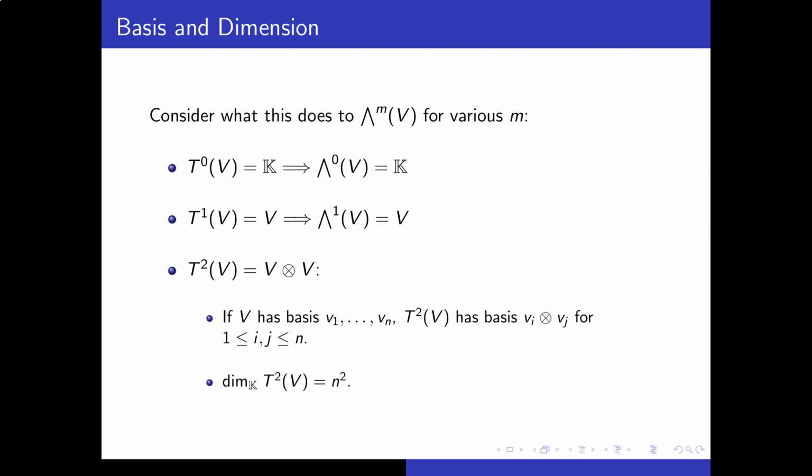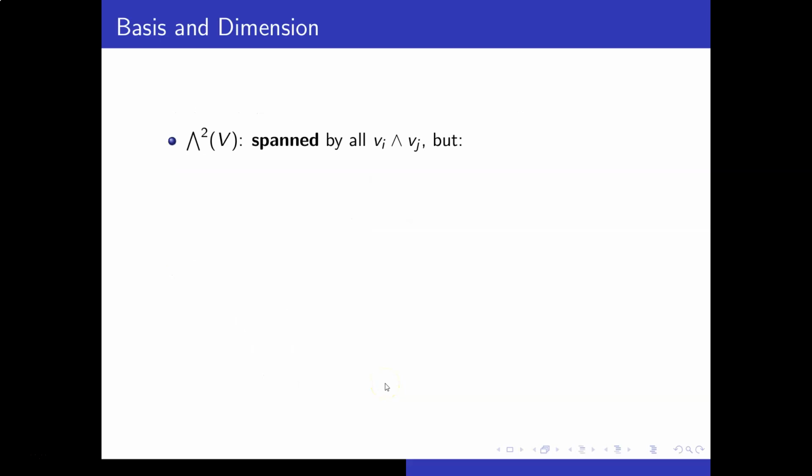And so in particular, the dimension of the second tensor power is n squared. Now, these form a basis of the second tensor power, so when I pass them through the quotient, they'll still span. That won't change. So if I take the image of Vi tensor Vj, that's Vi wedge Vj, and it's going to be spanned by all of those, but now the relations start to kick in.